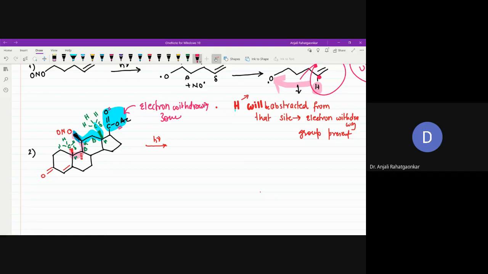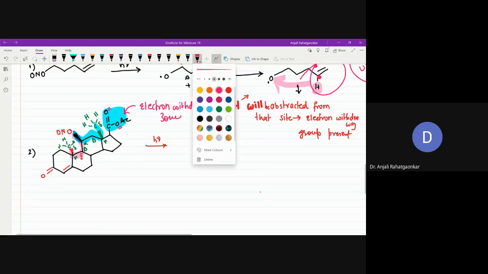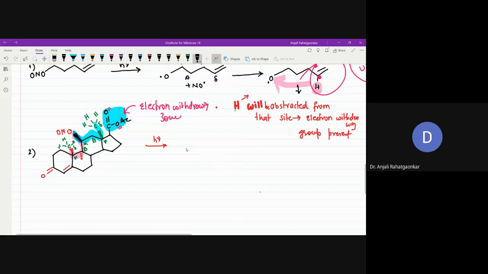All right, so let us see the mechanism. We can start the mechanism and see the product itself. I feel that you understand the mechanism, so can I write directly the product or should I put the mechanism?